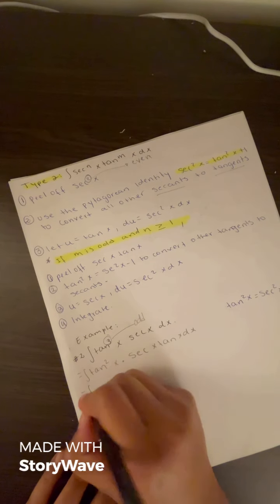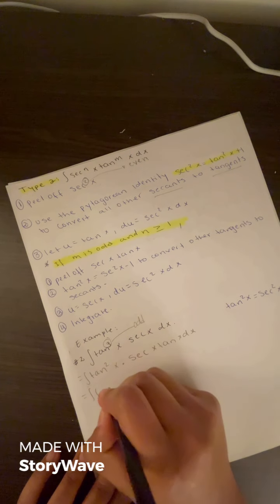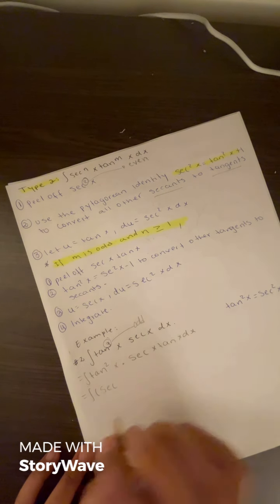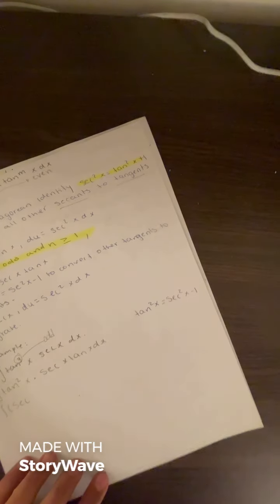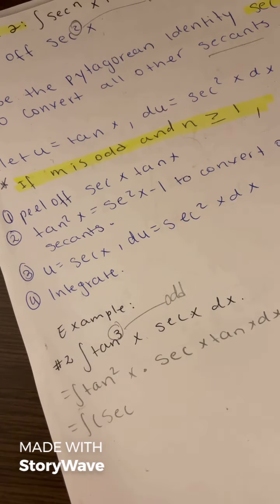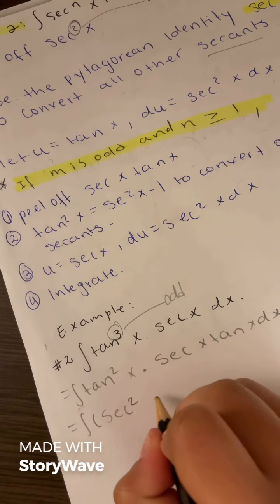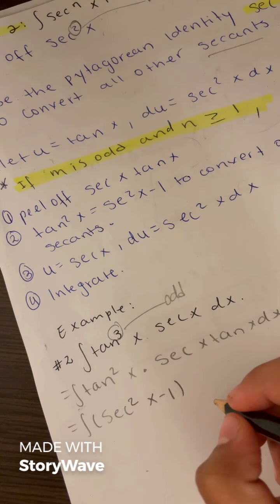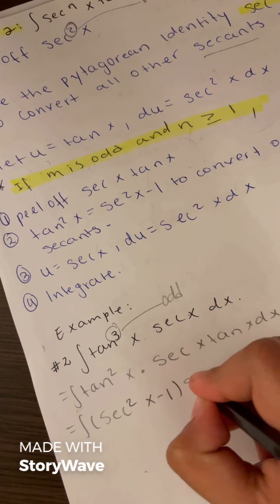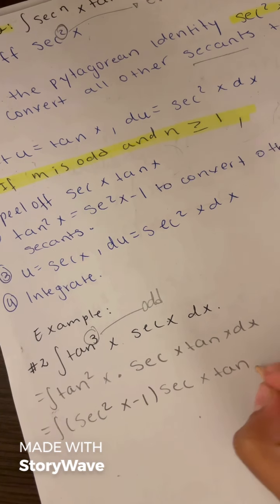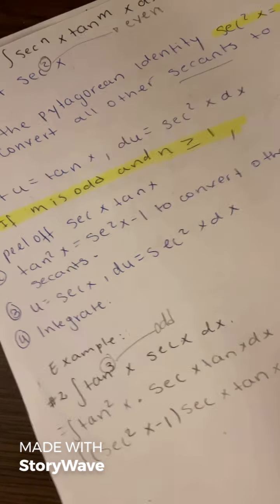Let me write it down right here before we move on to step 3. It'll be secant, because tangent becomes secant. So we put secant squared x minus 1. Remember, we're going to replace it like we did in type number 1. And then we put secant x tan x dx.